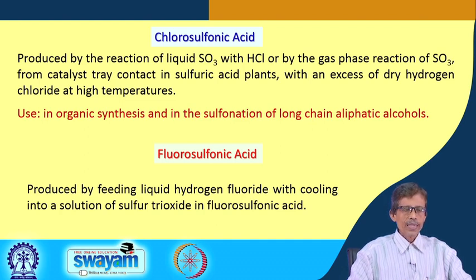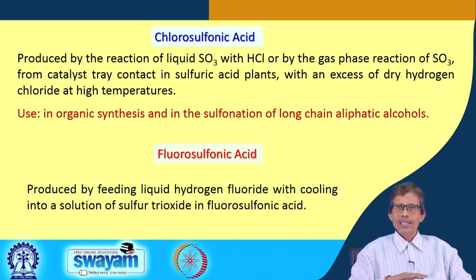It is produced by feeding liquid hydrogen fluoride, like your HCl, the hydrochloric acid. Now, your hydrofluoric acid is introduced with cooling into a solution of sulfur trioxide in some amount of fluorosulfonic acid. So, what do we do? We take sulfur trioxide which is dissolved in already available fluorosulfonic acid for producing more fluorosulfonic acid.